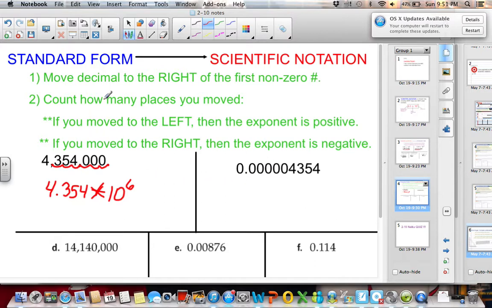So here, move the decimal to the right of the first non-zero number. Our first non-zero number, again, is 4. Now I want to figure out how many places I need to move to get to here. The decimal is over here, so this time I'm going this way: 1, 2, 3, 4, 5, 6. Again, I write 4.354.